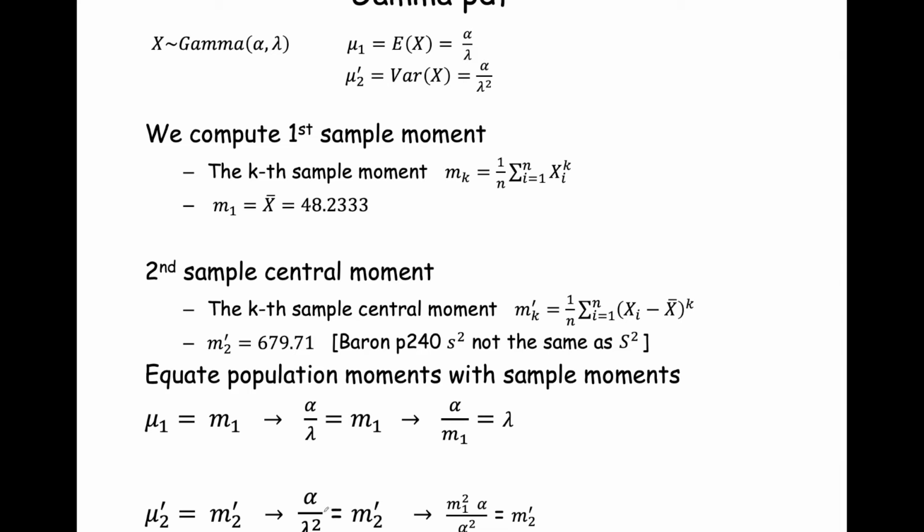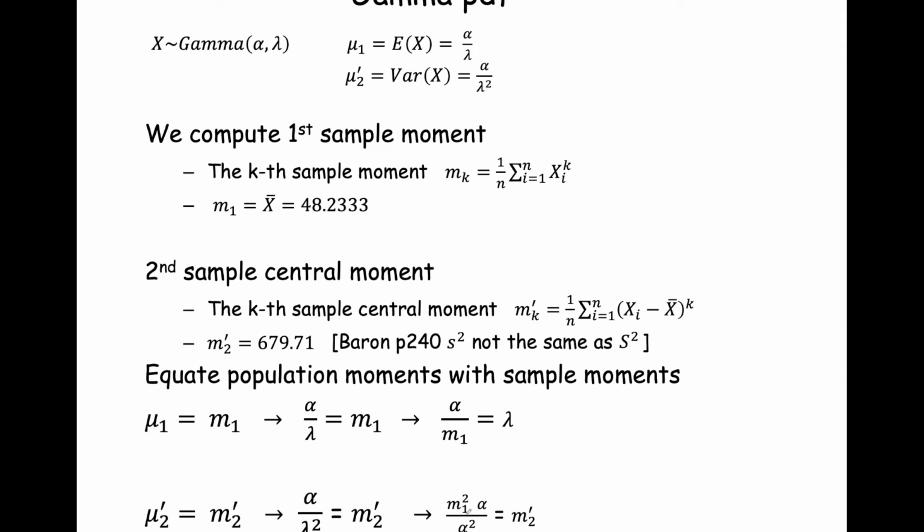We're going to substitute here for lambda in the lambda squared. We're going to substitute in alpha upon m1. So if I substitute in alpha upon m1 in the denominator here and I square that, I get an alpha squared and I get an m1 squared, and then I have that alpha that was there before.